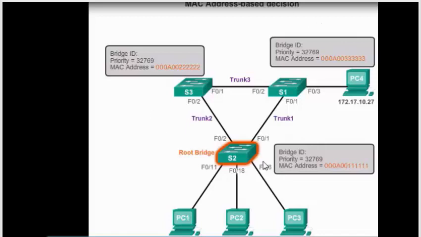So all three switches have a default priority value of 32769, and the MAC address becomes the deciding factor. The MAC address for switch 2 is the lowest one. It has a 111 value as the last digits, while this is 333 and 222. So this is the lowest MAC address, and this becomes the root bridge.